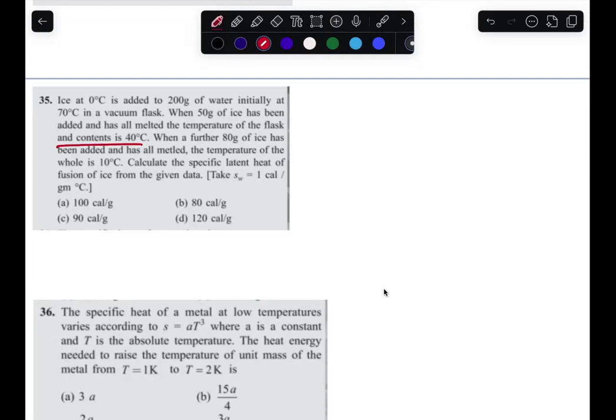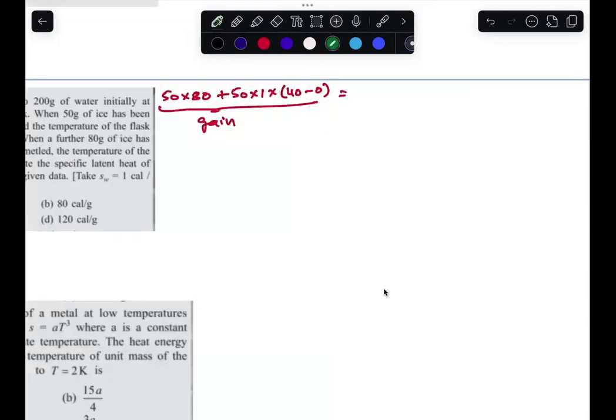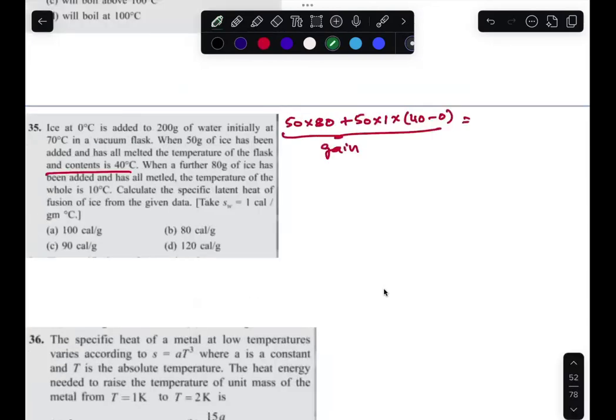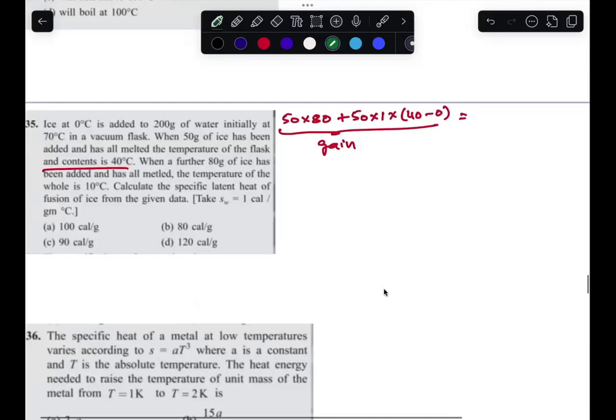Hold on. What is happening is 50 into 80 plus 50 into 1 into 40 minus 0. All this is the gain part. Now this is equivalent to the loss part: 200 grams of water initially at 70.